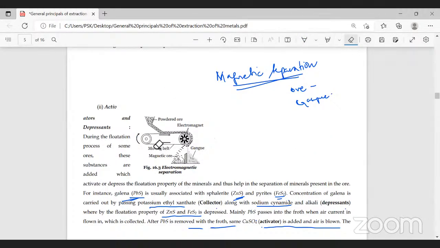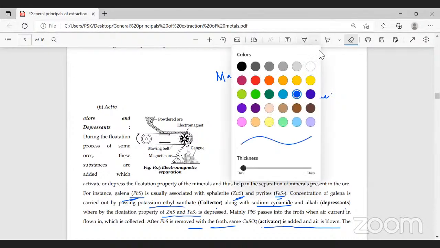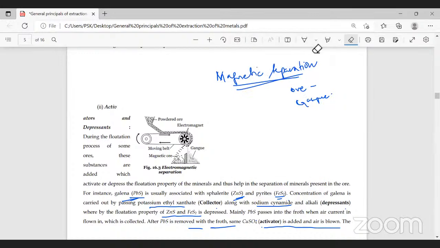Now you can observe this very clearly. There is a belt, and if you have gone to a flour mill, you would have seen two wheels along with a belt. Here also, same concept. But here, this wheel is non-magnetic and this wheel is magnetic.